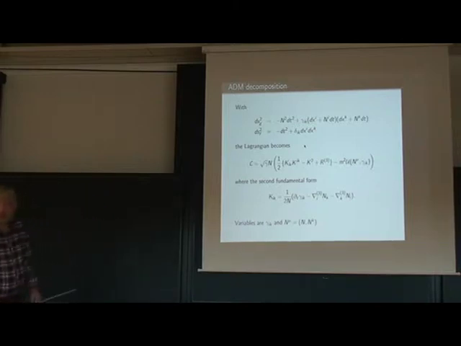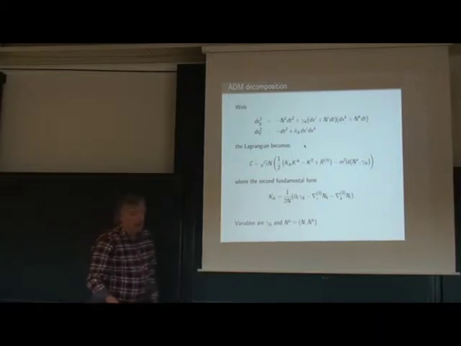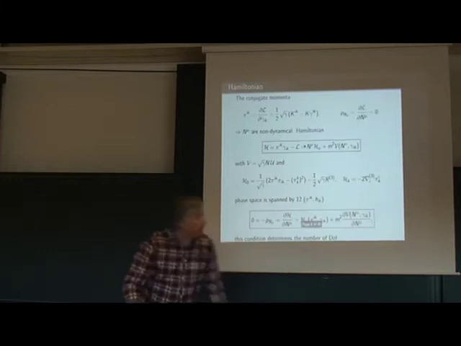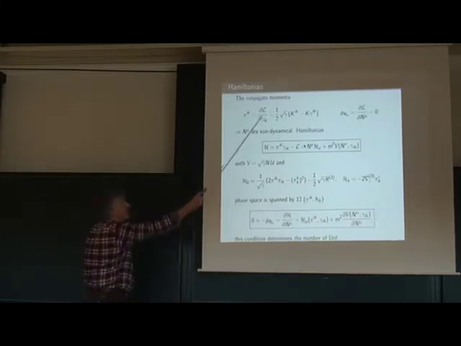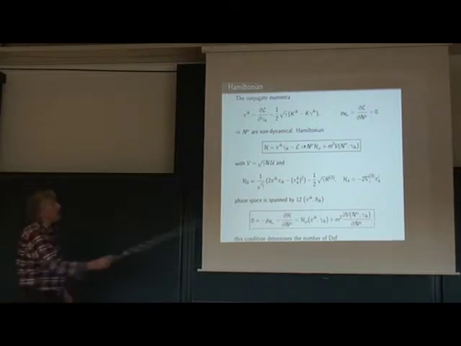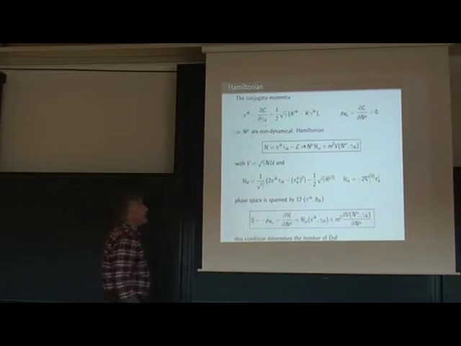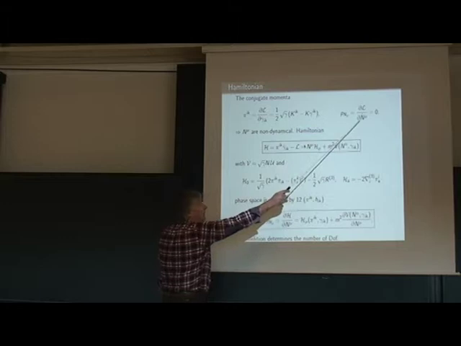The next step is to compute the canonical momenta conjugate to these variables. They are defined in the standard way: one has to vary the Lagrangian with respect to the q dot. This gives non-trivial results for gamma, so there are momenta pi conjugate to gamma. But there is nothing conjugate to n.